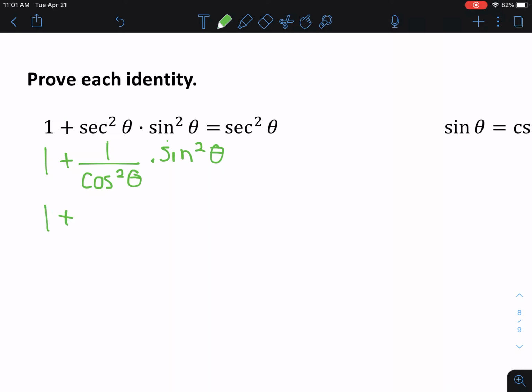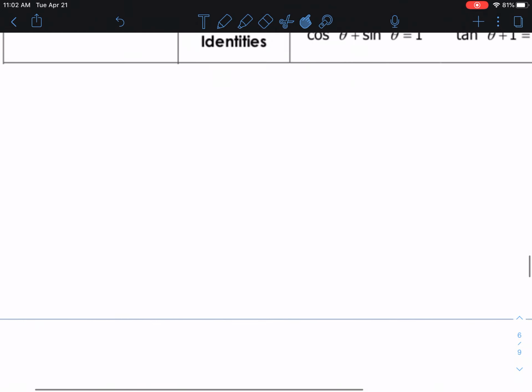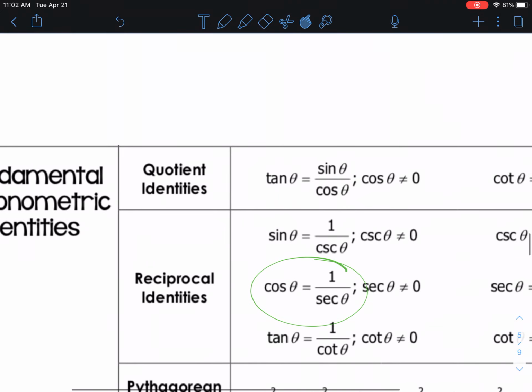So now I have, if I'm looking at these two, I have sine squared theta on top. Sine squared theta times 1 is sine squared theta. And then on the bottom, I would have cosine squared theta. Now, sine squared over cosine squared, remember, let's go back up here, sine over cosine is tangent.